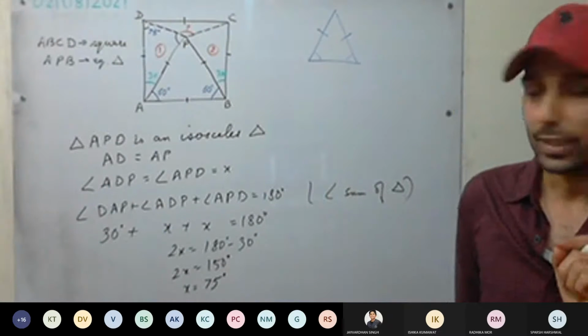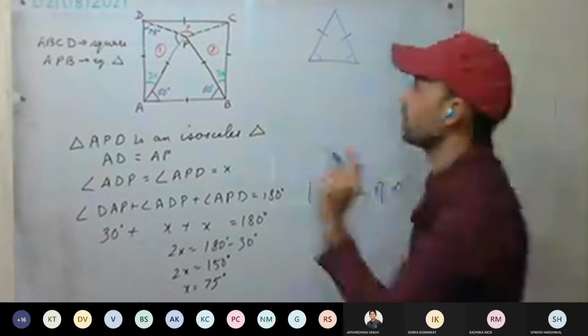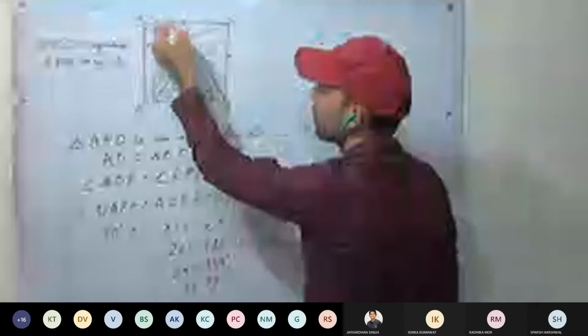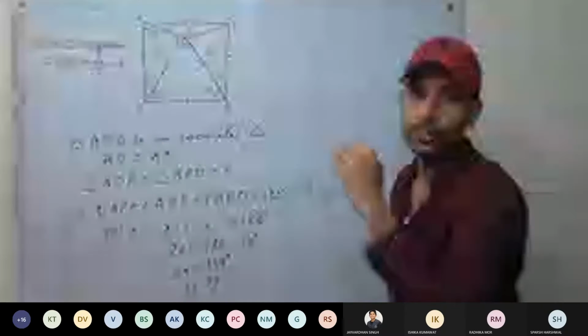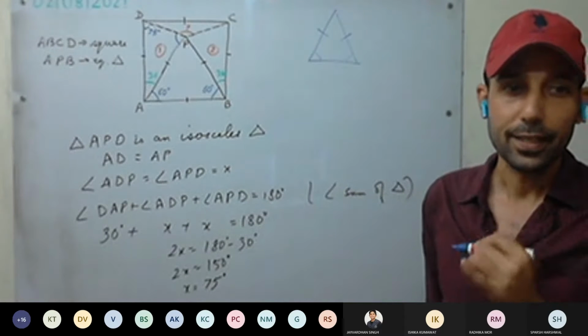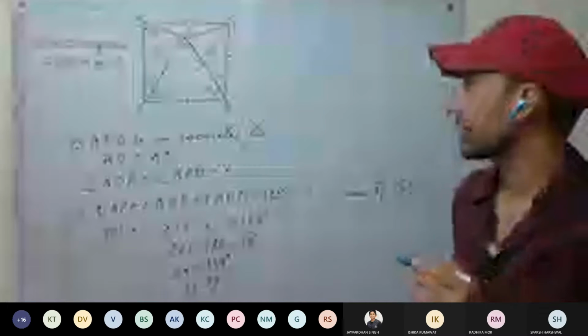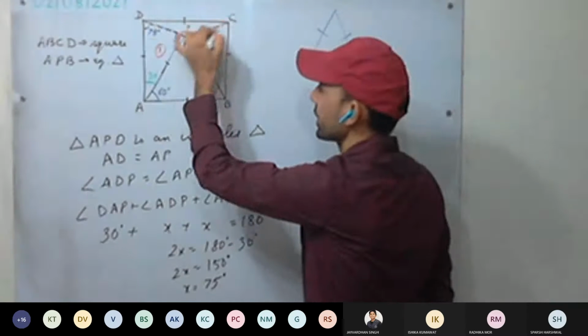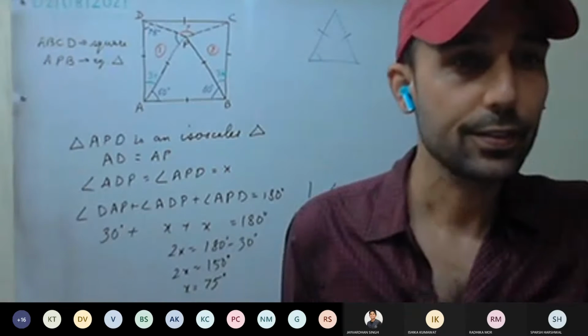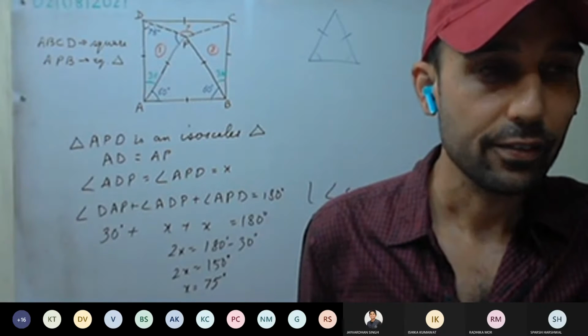The other way: what kind of triangle is this, DPC? Is it scalene, isosceles, or equilateral? Anyone in class?